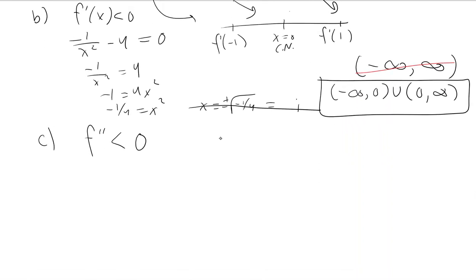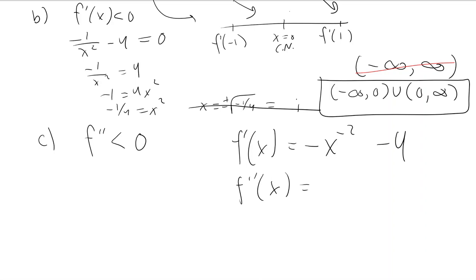Sounds like we need the second derivative. So my first derivative is off the screen, but if I rewrite it, it would look like this. Again, you can use quotient rule again. There's more than one way to make your second derivative look that can still be equivalent. But the way I have it, I can just bring the power down, lower the power by 1.